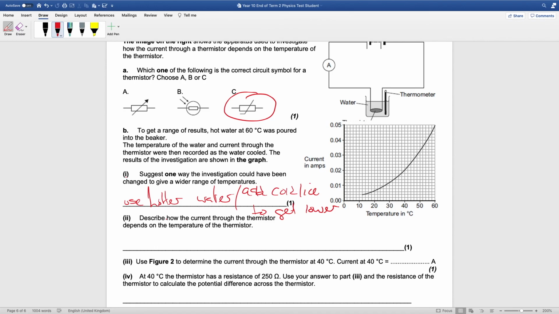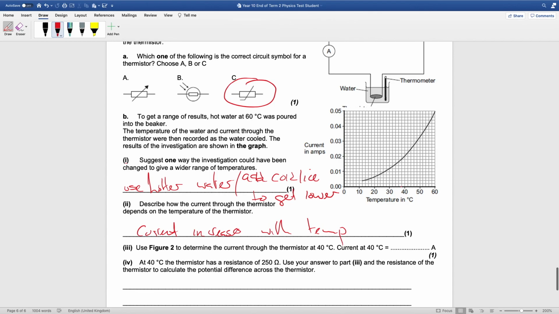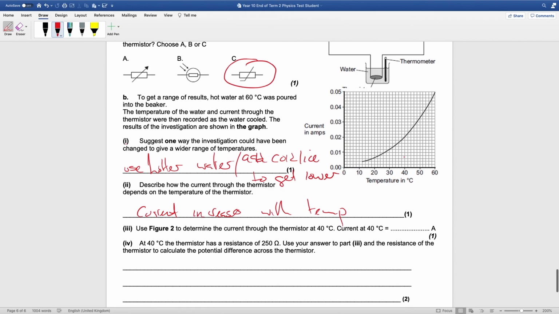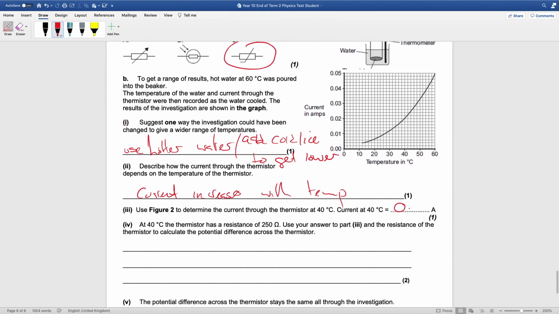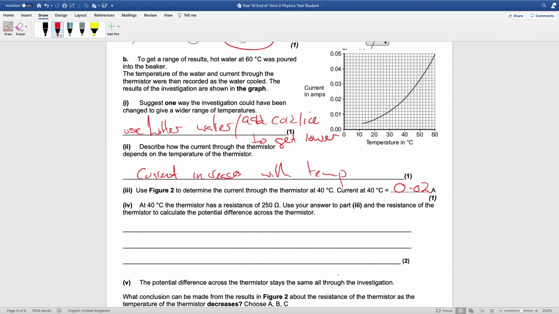Part 2, describe how the current through the thermistor depends on the temperature. Well, as the temperature rises, the current increases. Part 3 then, you're reading off the graph, looking at 40 degrees and reading off the current, nice and straightforward.